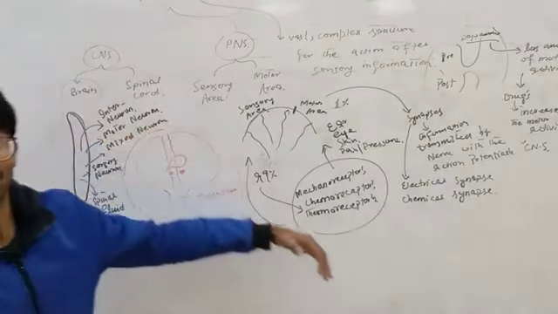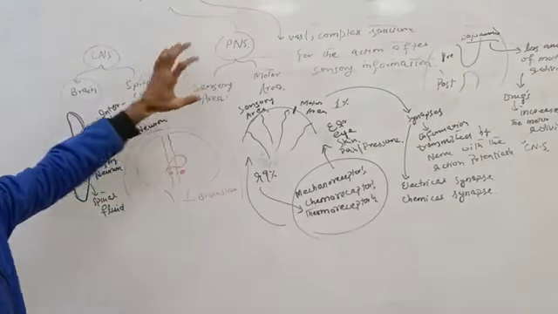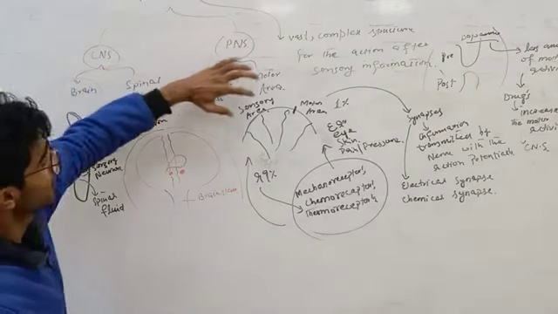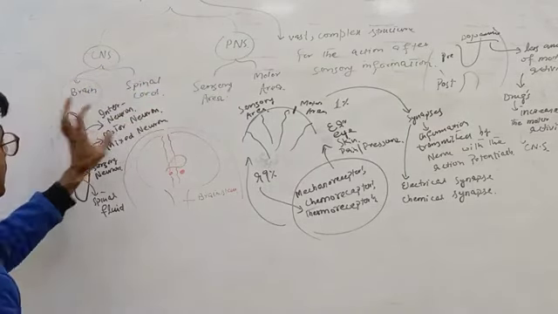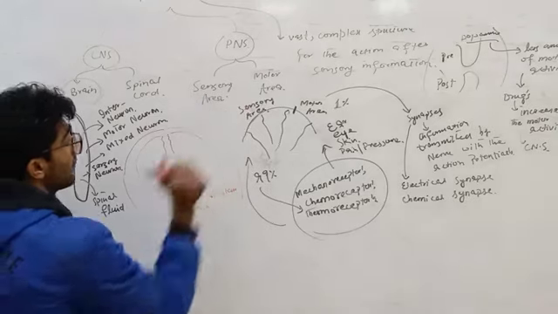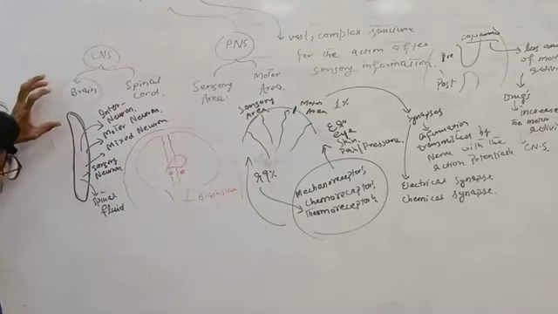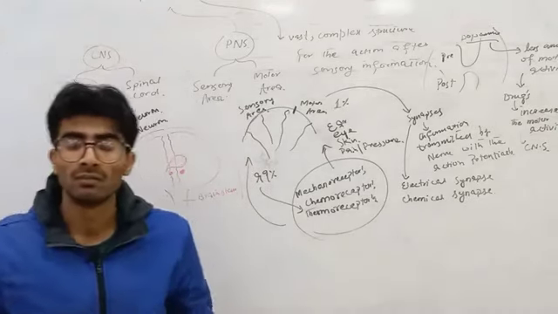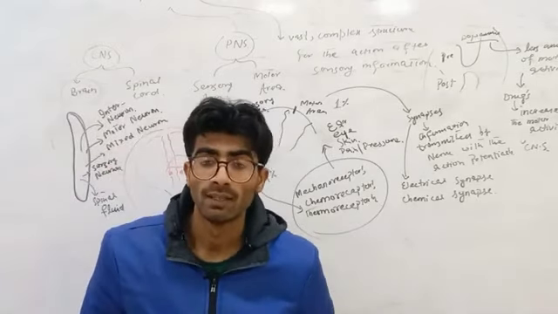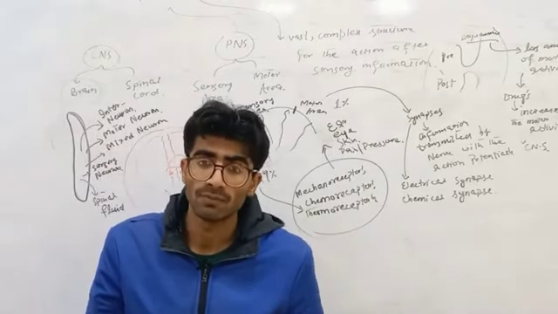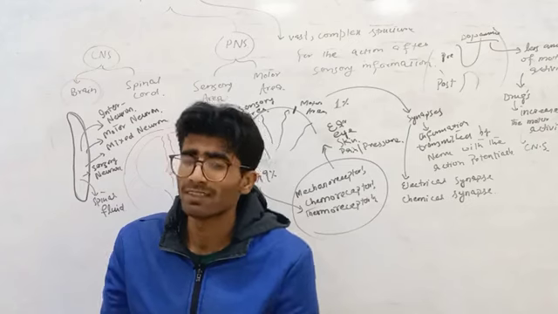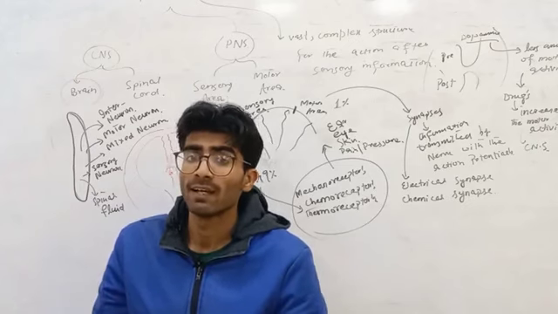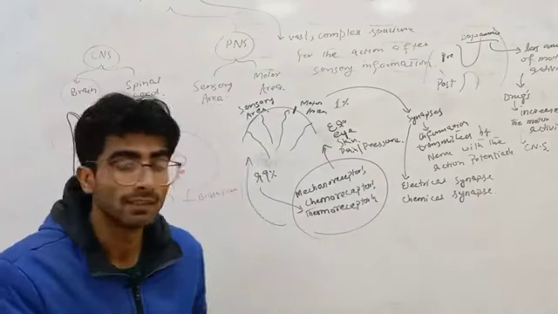I want to explain this information again. The nervous system is composed of the central nervous system and the peripheral nervous system. The central nervous system is the brain and spinal cord. The peripheral nervous system is the sensory area and motor area. The brain consists of the cerebrum, which has two hemispheres, with sensory area and motor area.